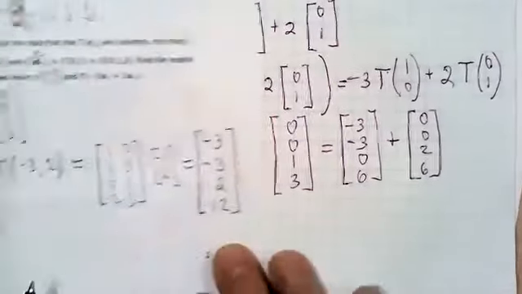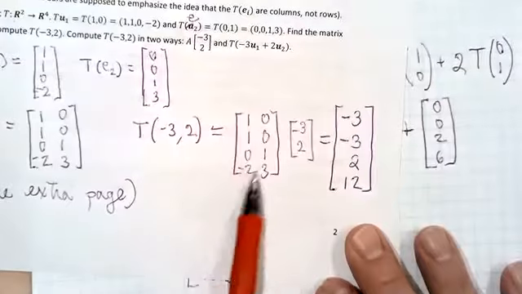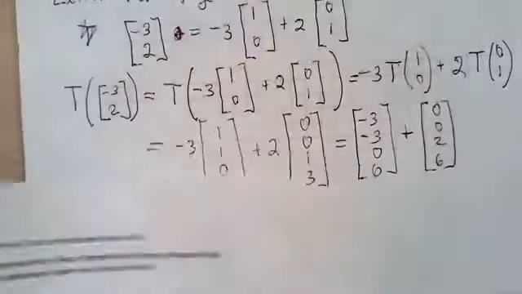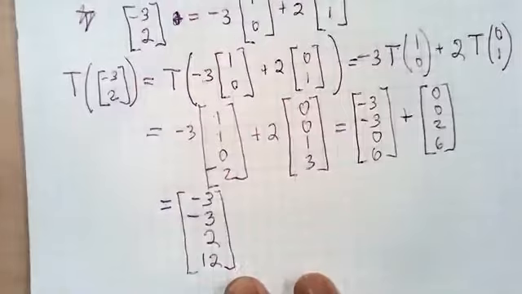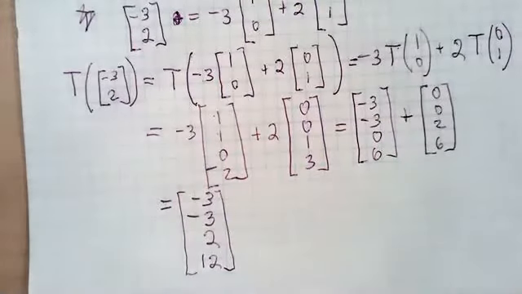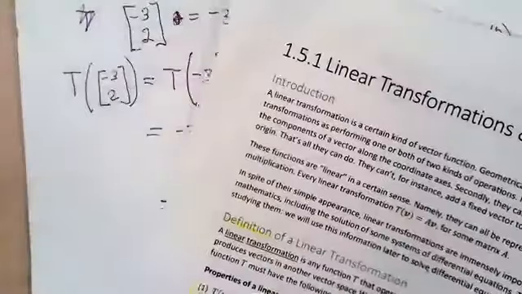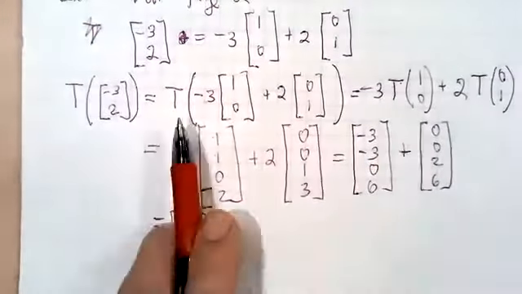Minus 3, minus 3, 2, 12. That's what we got when we did matrix multiplication, and this is what we got when we used the definition of linear transformation. So it worked. Okay. So why would anybody ever care that their transformation is linear? Well, one answer is, you could do this sort of thing.